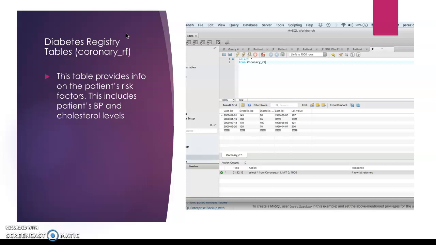And from here, you can tell I get information on the last time we did a blood pressure on the patient. The blood pressure data is divided into two: the systolic blood pressure and the diastolic blood pressure. We also have the last patient cholesterol level, what the cholesterol value was, and what date we recorded that.